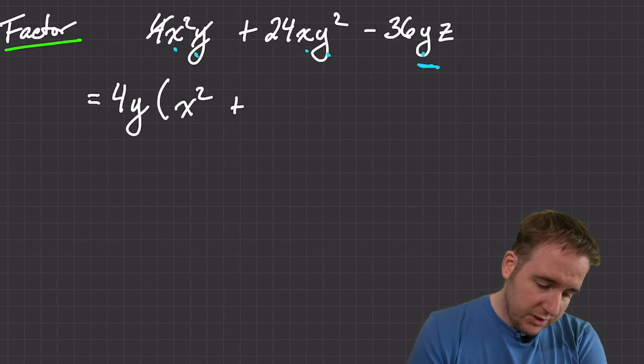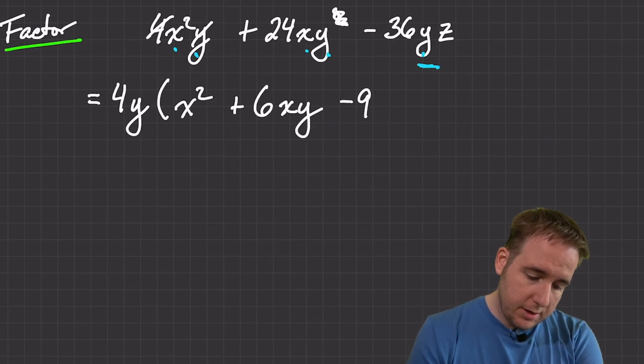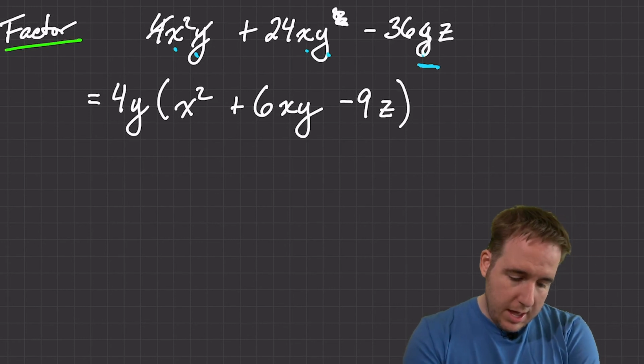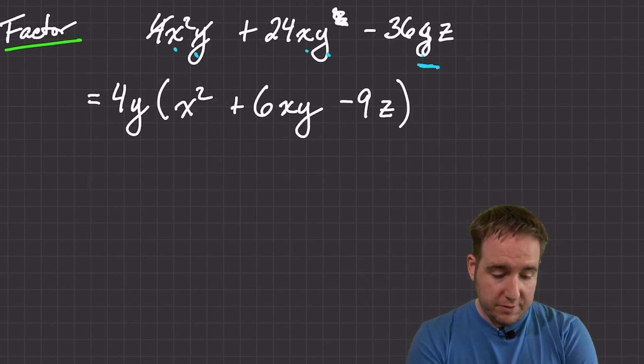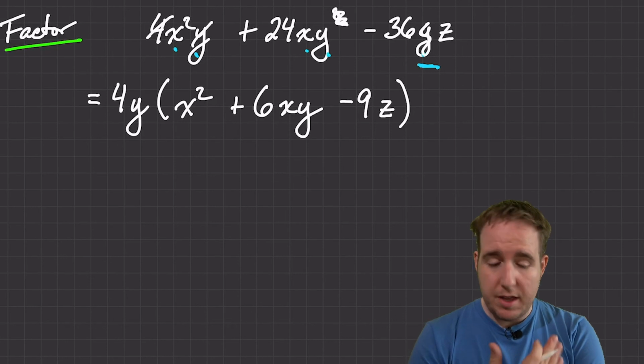This will be 6. Take away one of the Y's, so I'm left with XY. Divide by 4, so this will be minus 9. Take away the Y, and I'm left with the Z. And just looking at that combination of letters, nothing in common. Nope, so that's done.